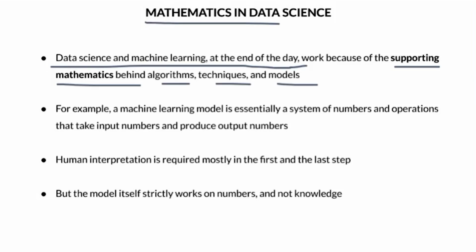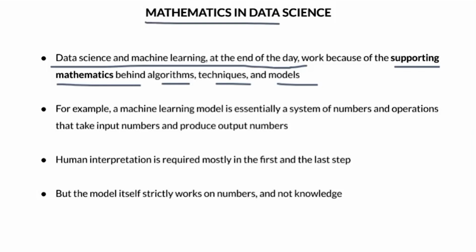Mathematics is the underlying ground on which all of these things work, be it mean, median, mode, histograms, visualizations, hypothesis testing, regression models, machine learning models, neural networks, whatever it is. Everything is working because of the underlying mathematics.